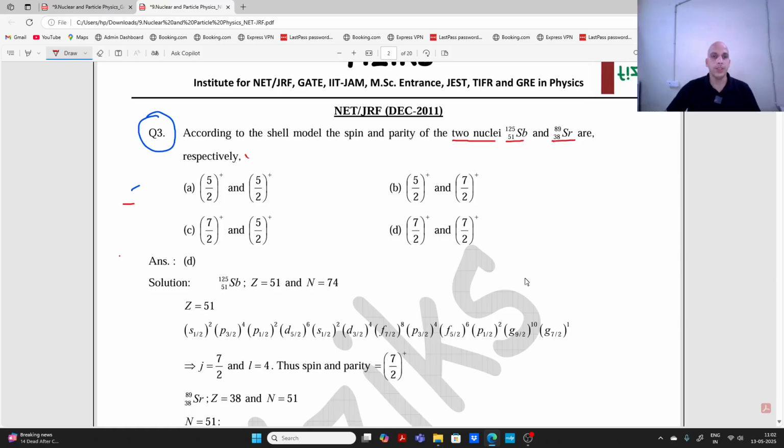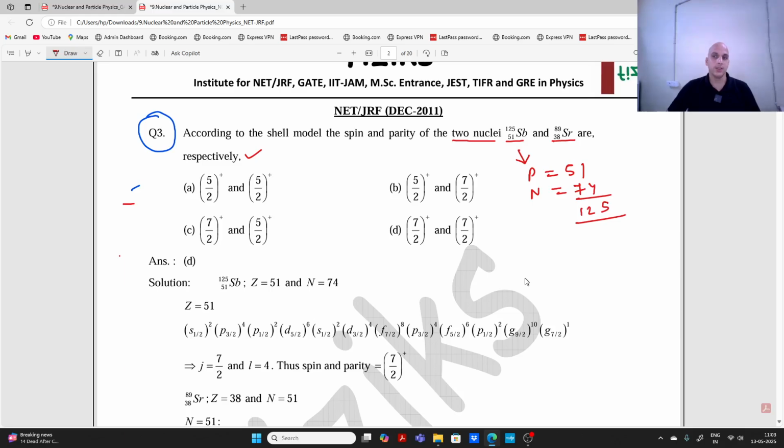So first of all we have to note down which nucleon is unpaired. If I talk about this nucleus, then protons is equal to 51, but the neutrons is equal to 74, because it will make 125 mass number.